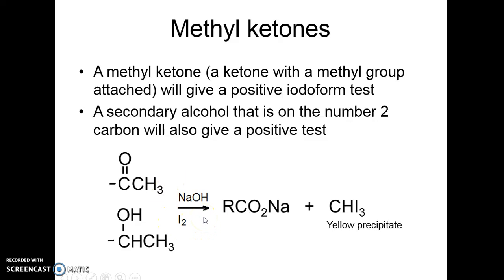This is the same as a bromoform reaction, except it's with iodine. And what's neat about this is you get a bright yellow precipitate when it's positive. Secondary alcohols will also give a positive test because they are oxidized to the ketone and then they undergo the iodoform reaction.